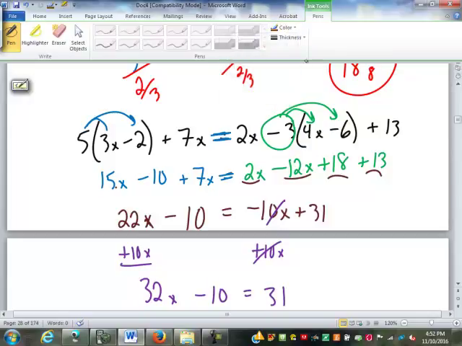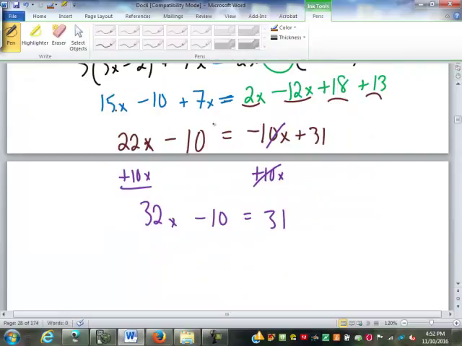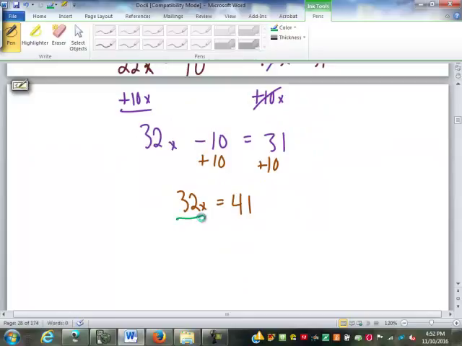And then add 10. 32x equals 41. And then divide by 32. I get x equals... I can divide that out and get a decimal that's going to be about 1.281.